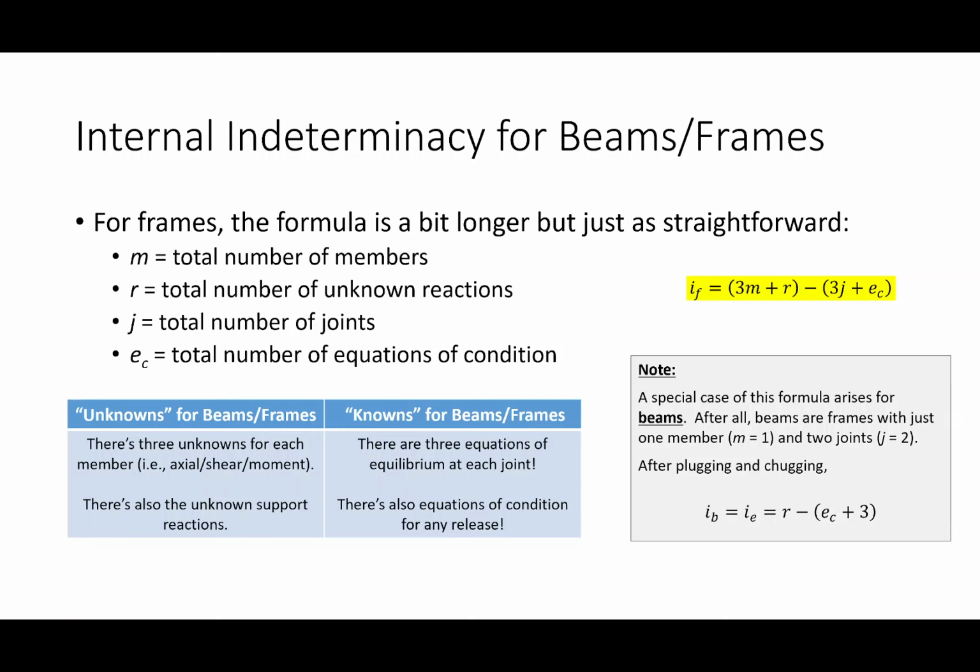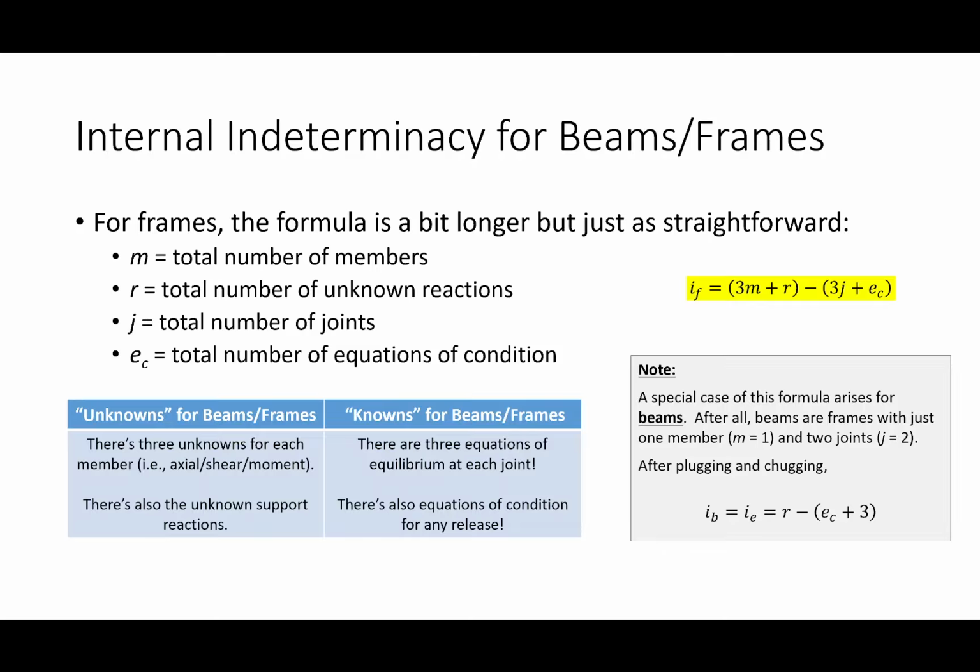Okay. Now let's distribute this out. 3m plus r minus, what goes inside these brackets? 3m plus 3 plus E sub c. Is that right? Let's distribute that out once more. 3m plus r minus 3m minus 3 minus E sub c. So the m's cancel.